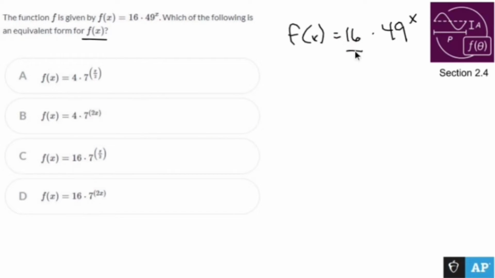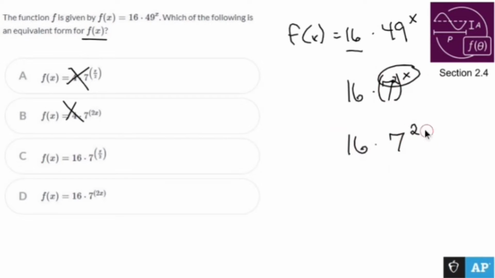Well, 16 is 4 squared, so neither of those. So let's change 49 to 7 squared, and see what happens. So 49 is 7 squared to the x. When you have an exponent to an exponent, you multiply the exponents. So this can be written as 16 times 7 to the 2x, which is D.